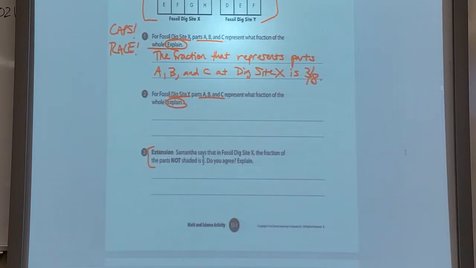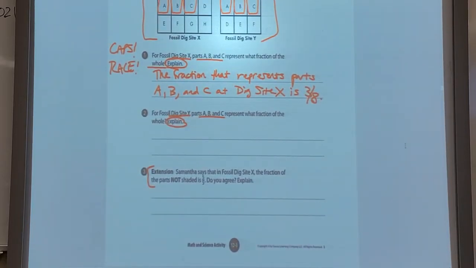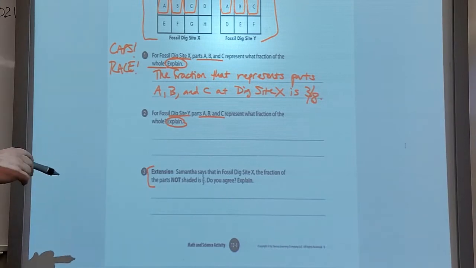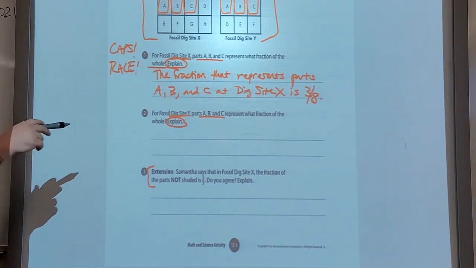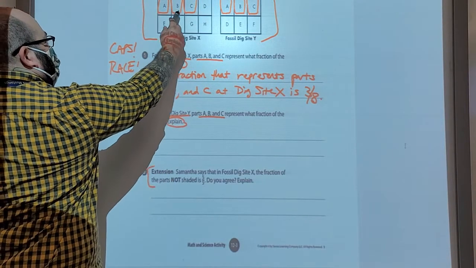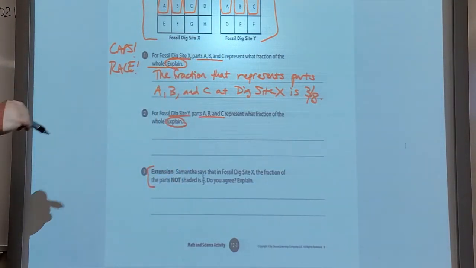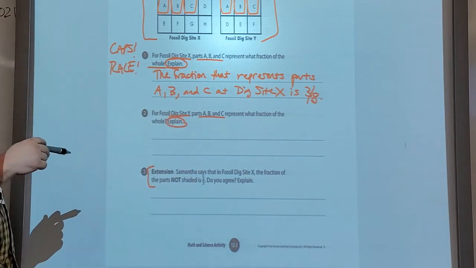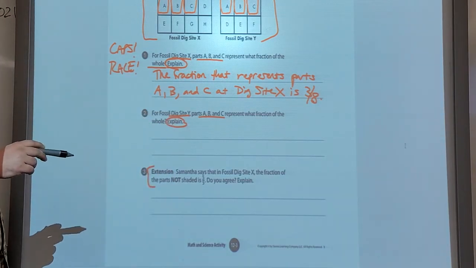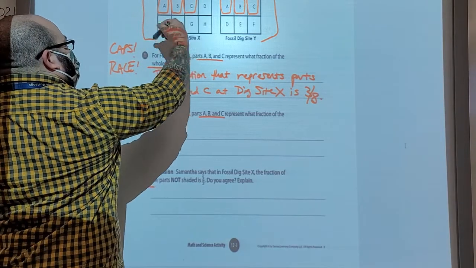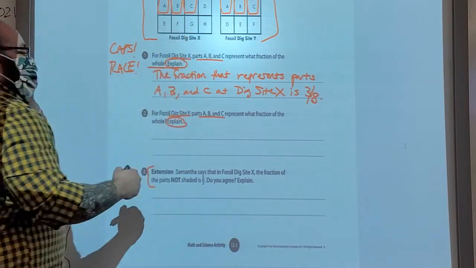At fossil dig site X, in the first one, they asked us, what was the fraction for the shaded part? And we got 3/8, right? Because there were 3 out of 8 shaded.